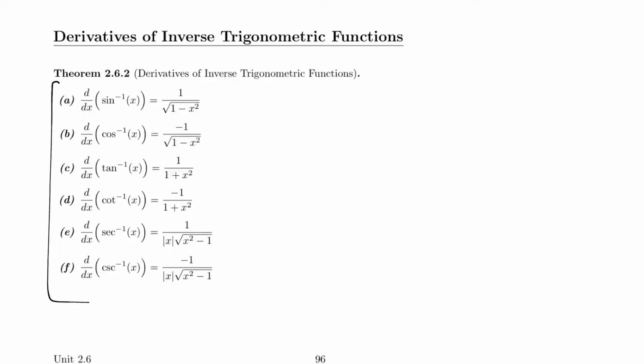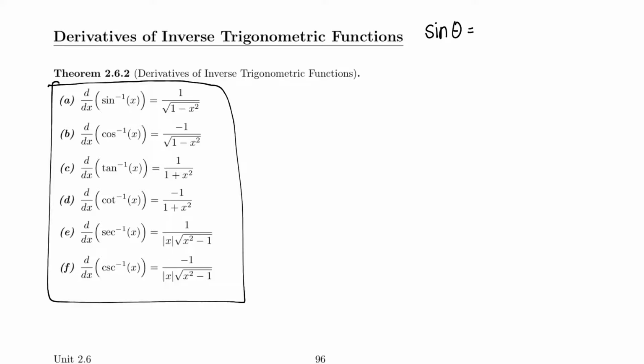Here are new derivatives for you. These are the derivatives of the inverse trig functions. Remembering the way that the inverse trig functions work: if you have sine of theta equals y, the inverse is sine inverse of y equals theta.